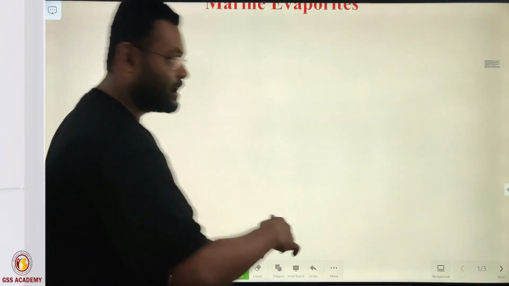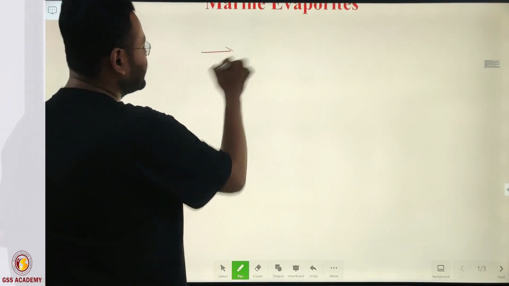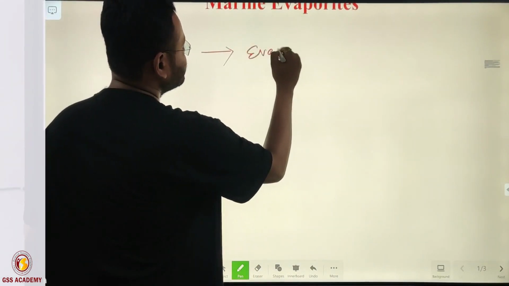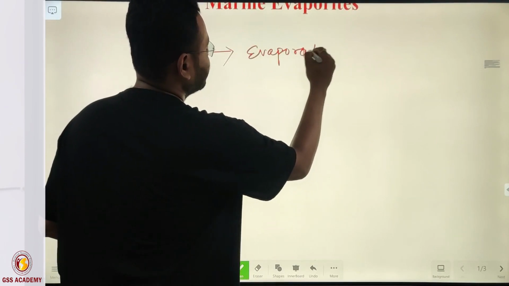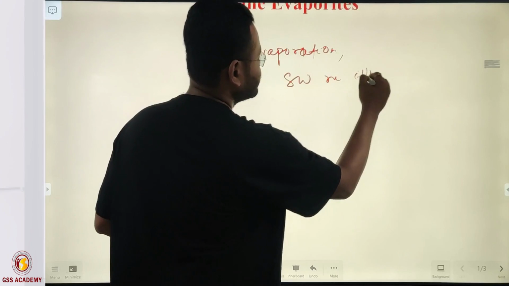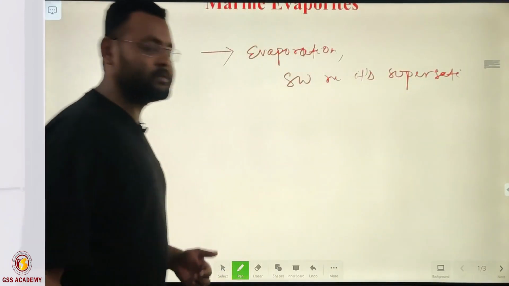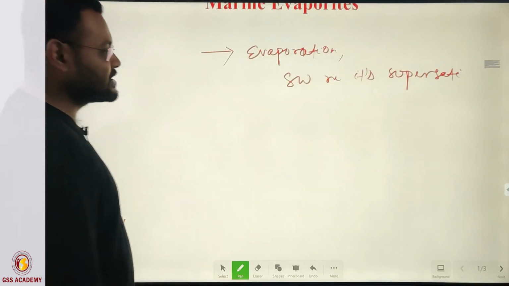If we look at this process in a chemical way, evaporites form when, by constant evaporation, the salinity of the seawater reaches its supersaturation point.